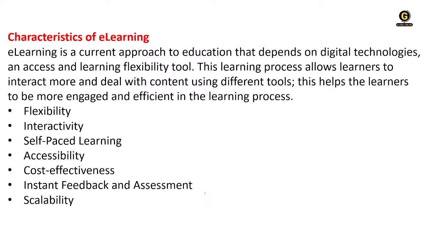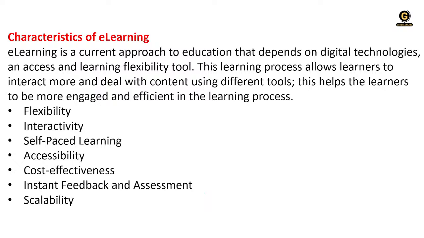Clear? Next is characteristics of e-learning. E-learning means electronic learning, where nowadays we are watching videos on YouTube, you are learning through my lecture on YouTube. This is called e-learning. Getting it? Using digital technologies in learning, like MOOC and Swayamprabha, is also called e-learning.